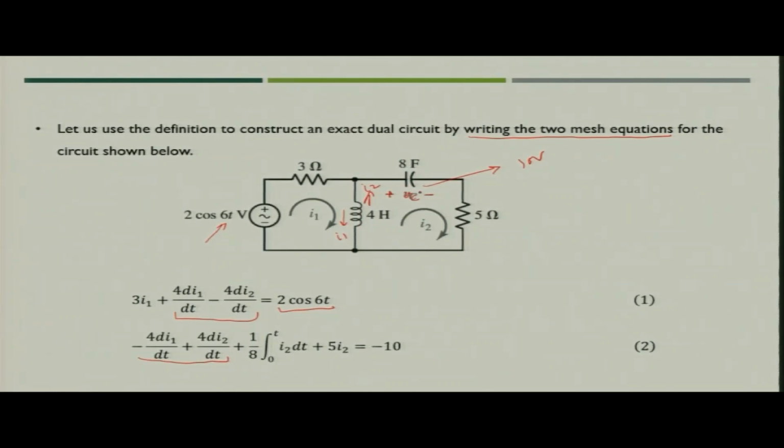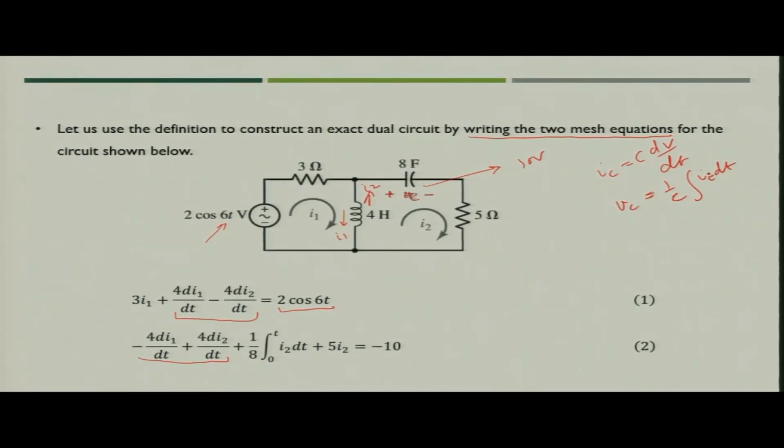Now, we will reach the capacitor. The voltage across the capacitor is given by, since current IC is equal to C dV by dt, if you take the integral of both sides, then you will get the voltage across the capacitor. So, this will become the integral of IC dt.